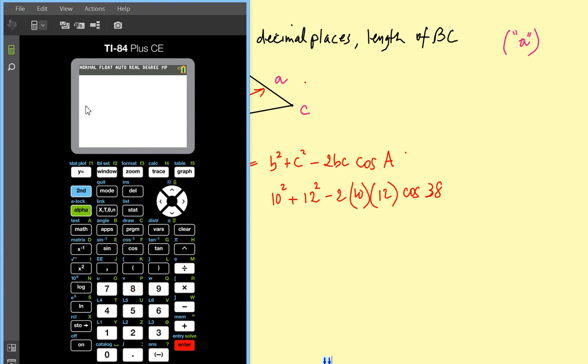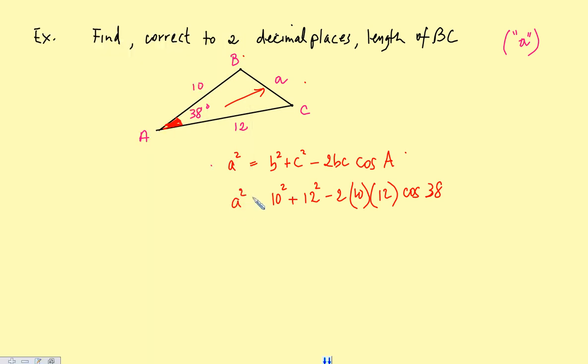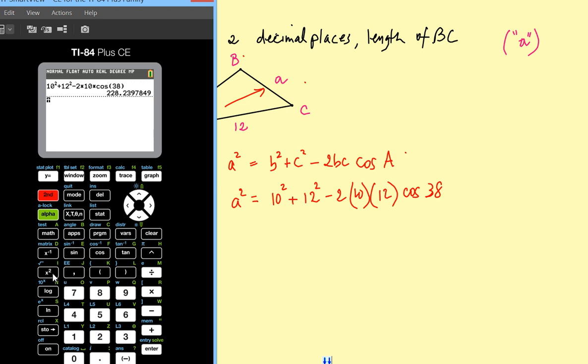And now you need to take the square root of this, because remember that a squared is equal to all of this. So with my calculator, I will do second function, square root, second function, the answer from above, and I press enter.